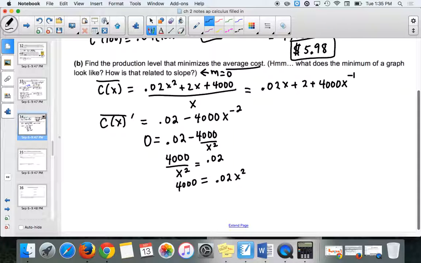So 4,000 divided by 0.02, and then take the square root of my answer, and I get x equals 447.216. So what is the level that minimizes the average cost? We want to minimize our average cost, so we want how many units? 0 units? I don't know. We think that it's going to be 447 units.